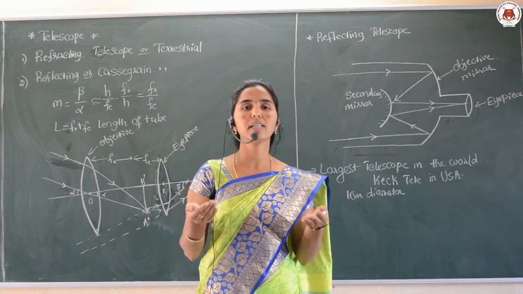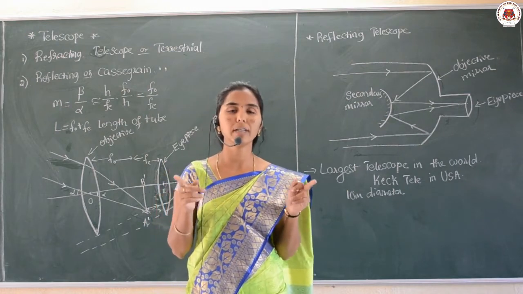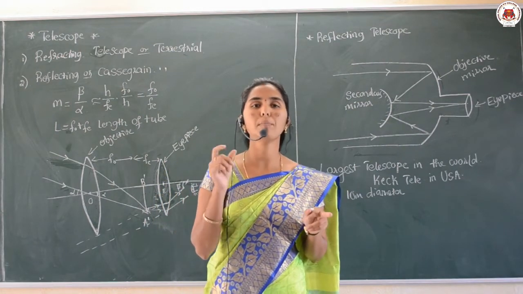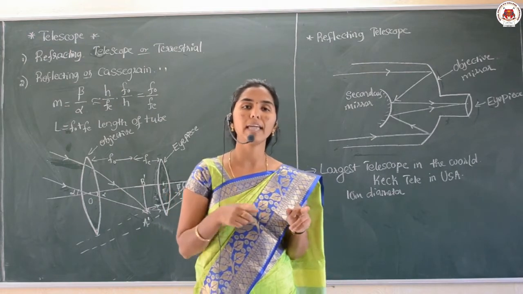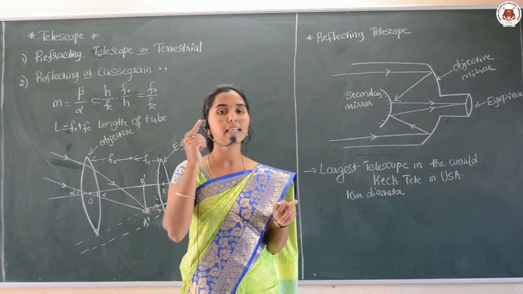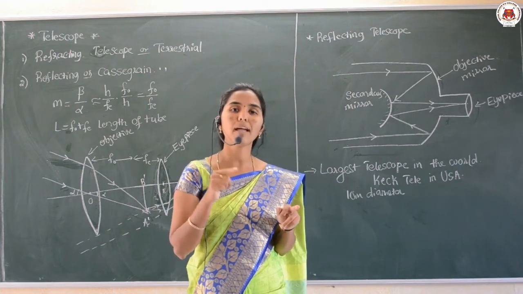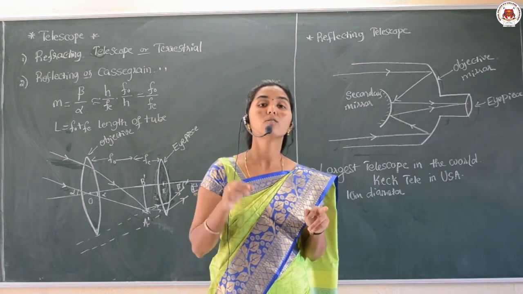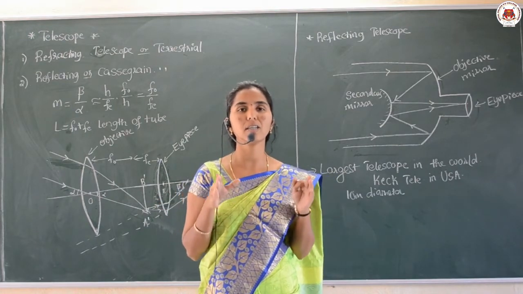So like that we discussed, and there also we discussed the magnifying power. The magnifying power is the ratio of the angle subtended at the eye by the image to the angle subtended by the object at the eye, at normal adjustment. That is taken as m.